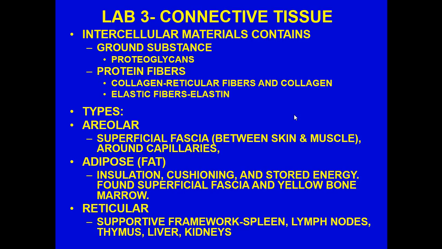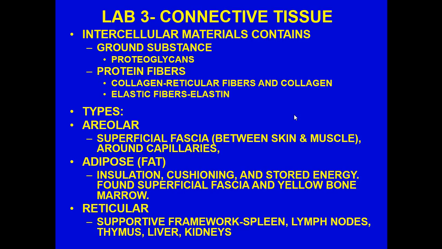You're going to have different types of connective tissue. There is loose, there is dense, and there are some other ones. Let's go through some of them. So the areas of loose connective tissue include areolar, which is a superficial fascia between the skin and the muscle, and you'll find it also around capillaries.